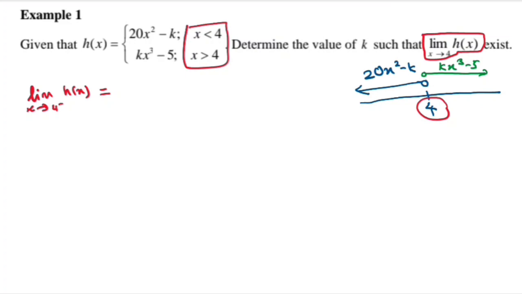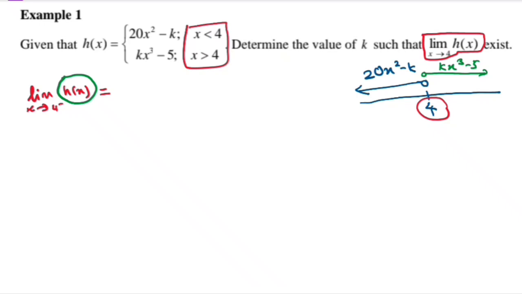But in this case, there's two different functions from the left and right of 4, so that's why we have to do this step. So start from the left side of 4, and remember, how do you know this is from the left side? Because there's a superscript of negative right on top of 4. Okay, so we have to change the function h(x) with the function which is from the left side of 4.